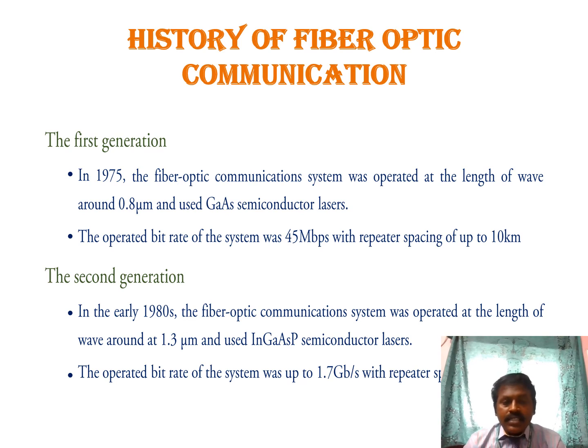Then the second generation, in the early 1980s, the system was operated at a wavelength of 0.13 micrometer, where they used an indium gallium arsenide phosphide semiconductor laser. The bitrate of the system went up to 1.7 Gb per second with repeater spacing.